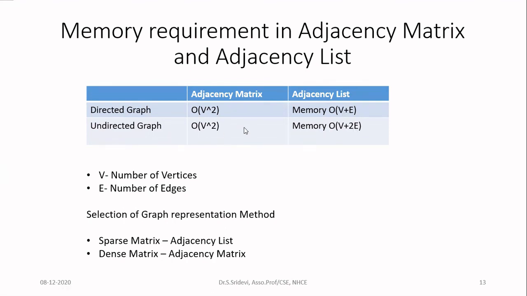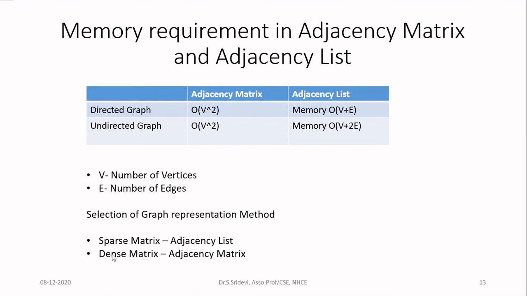Now, when to select which one? If you have a sparse graph, that is, your graph is having a smaller number of edges, it is always advisable to go for adjacency list.